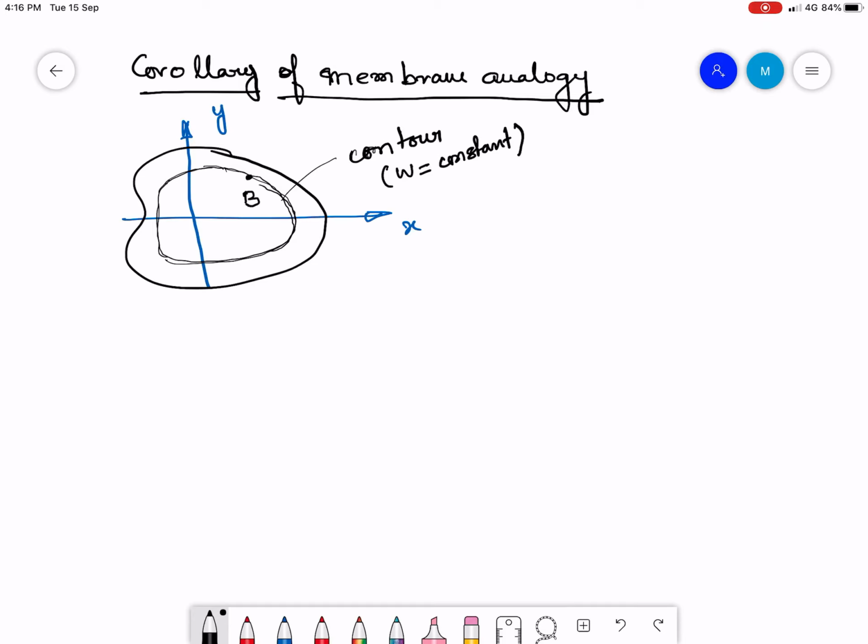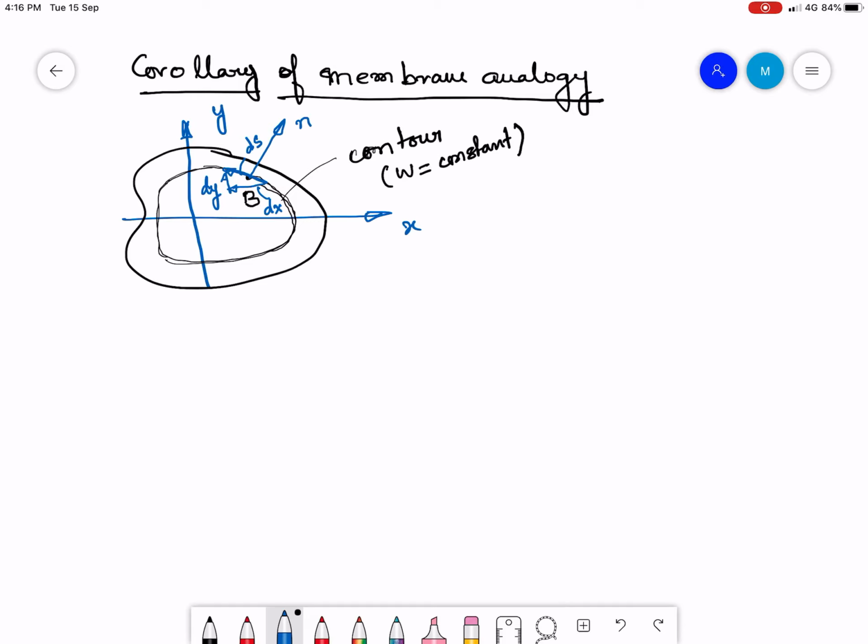Okay. And let me draw the normal. So, this is N, the normal direction, this is the tangential direction. Let me take an elemental length in the tangential direction and call it ds. Okay. So, let me draw the Cartesian coordinates also. So, this is dx and this is dy.